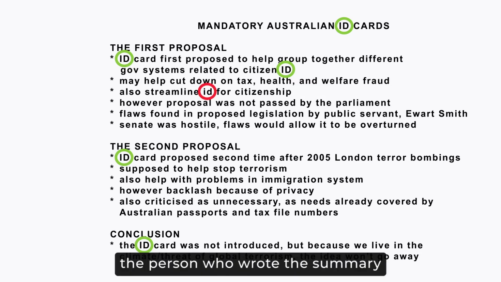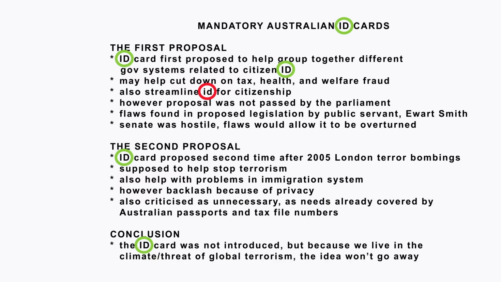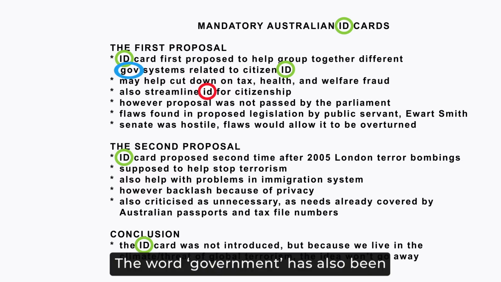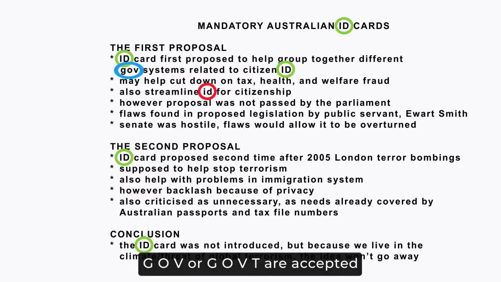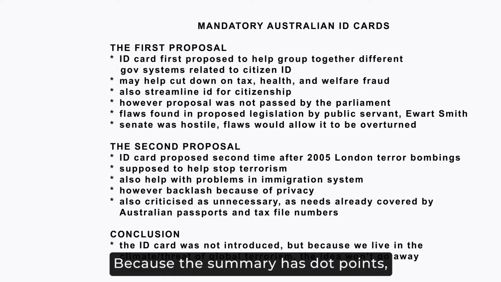In one place, the person who wrote the summary didn't use capital letters for the abbreviation, which they should have done. The word government has also been shortened to Gov. GOV or GOVT are accepted abbreviations of government, and it's okay to use it here, but don't abbreviate too many words in your summary.